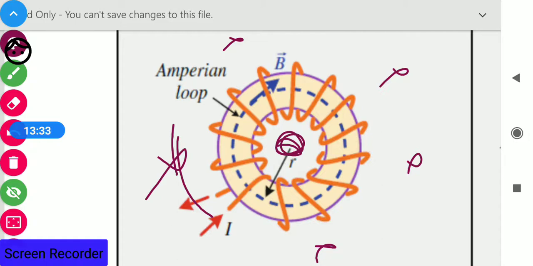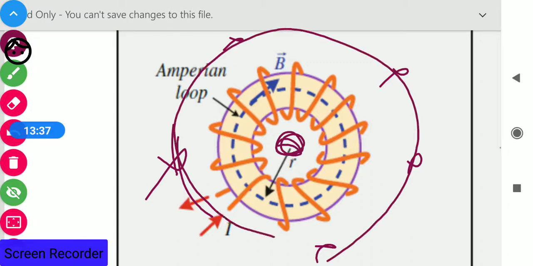Why is it 0? Because if we draw an Amperian circular loop, then the whole toroid is inside at this point and at this point. At one point the current is coming out, and at the other point the current is going inside, which is shown in the previous figure by the dot and the cross. So the total effect of the current will be 0.